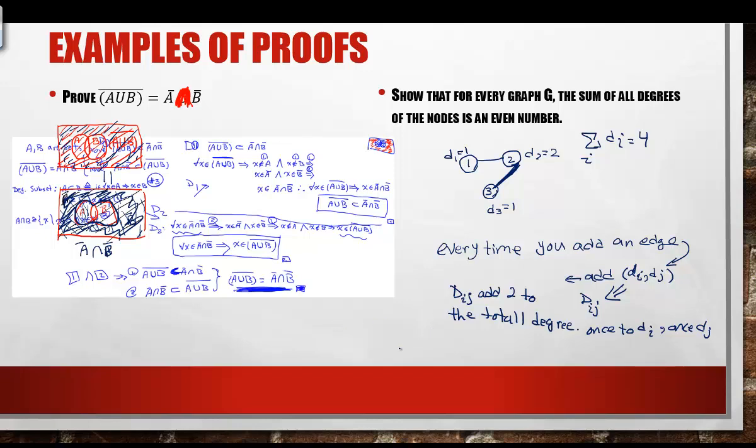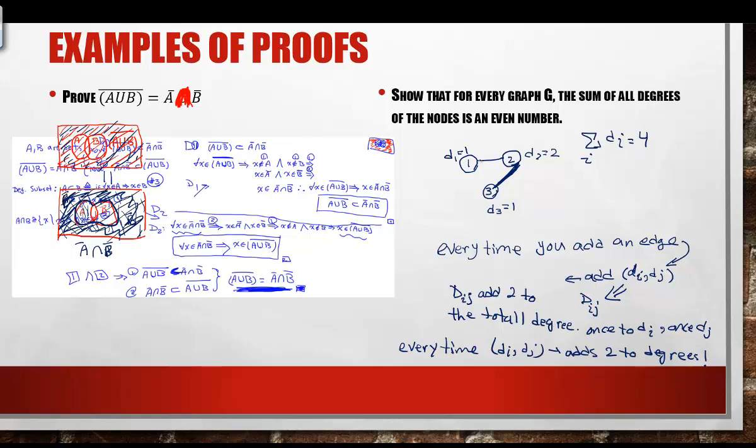So therefore every time an edge d sub i comma d sub j is added, it adds 2 to the degrees. And therefore every time it adds the number 2, an even number, to the sum, so the total degrees in a graph will be an even number, because every edge adds 2 to the degree.